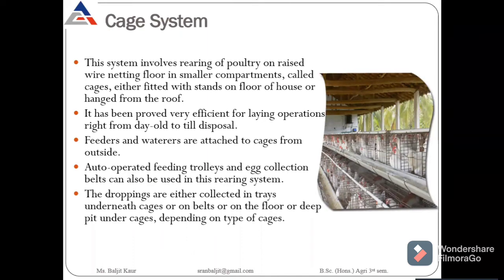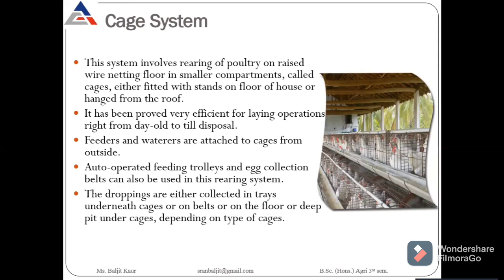So the floor is also wire netted, and these are fitted with stands on the floor or hanged from the roof. It has been proved very efficient for laying operations right from the day old till disposal. So it is very efficient.